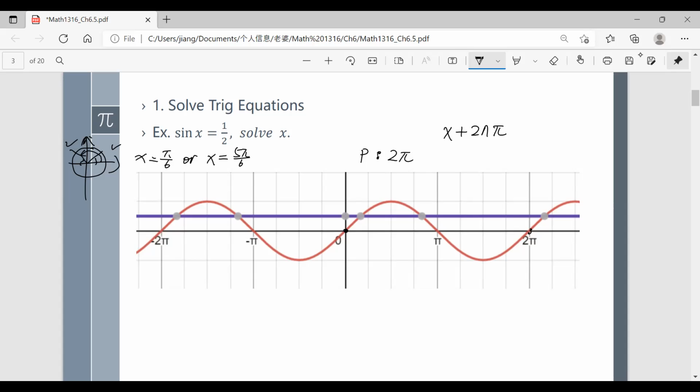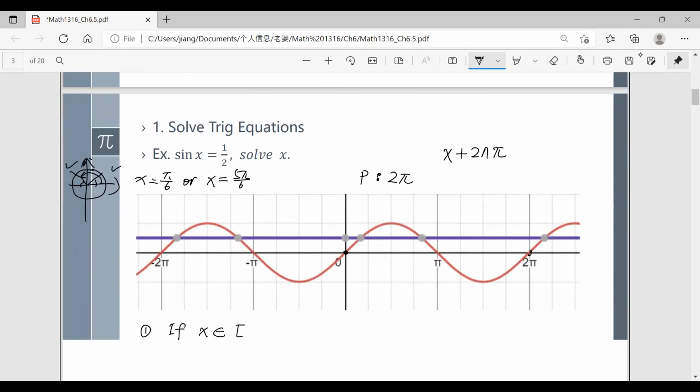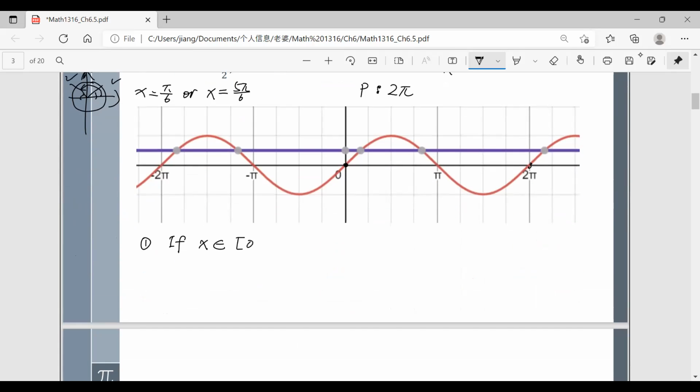So we can write down, first one, if x is in the domain 0 to 2 pi, then x equals pi/6 or x equals 5 pi/6.